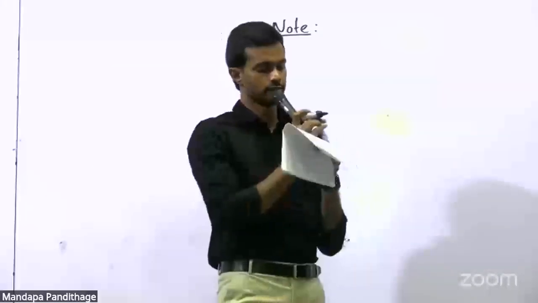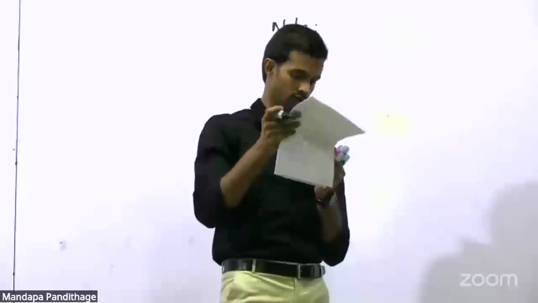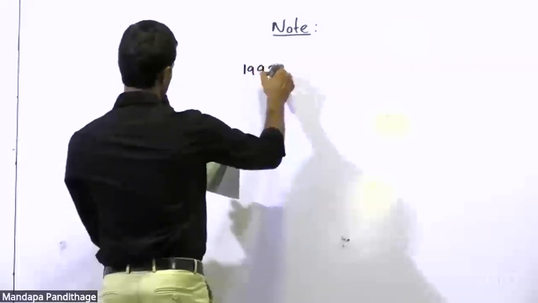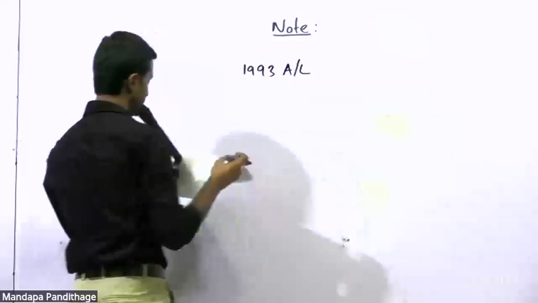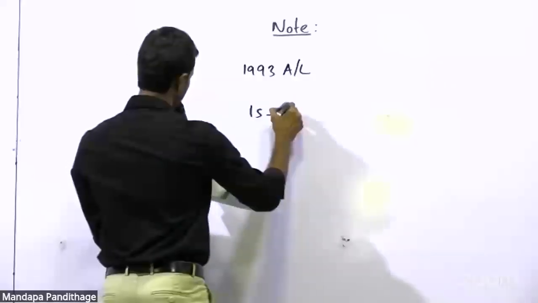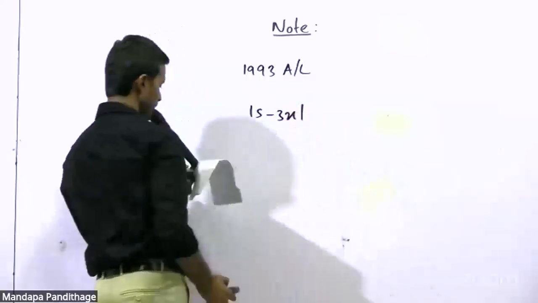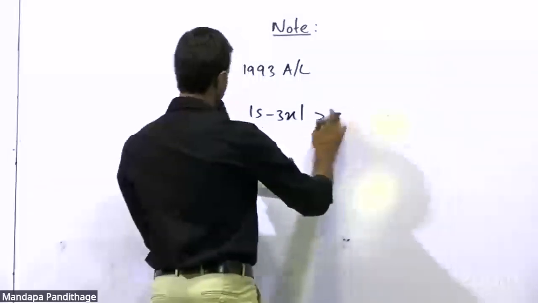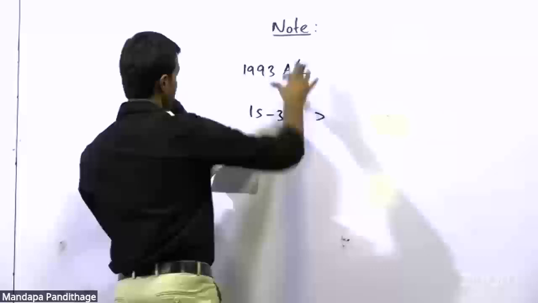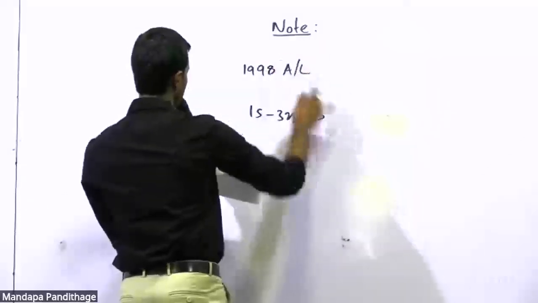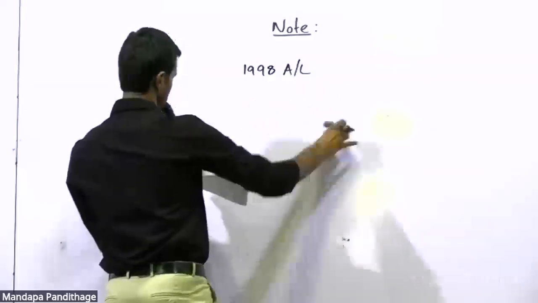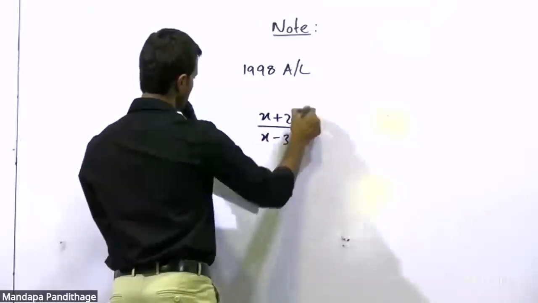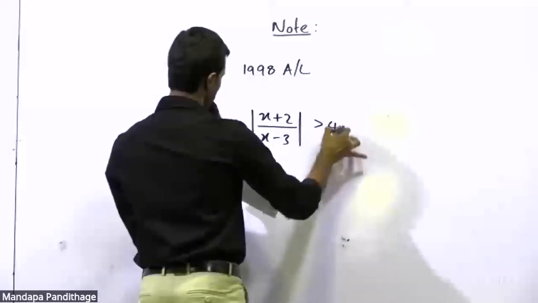Look at the 1998 A-level question: modulus of (x plus 2 over x minus 3) is greater than 4.